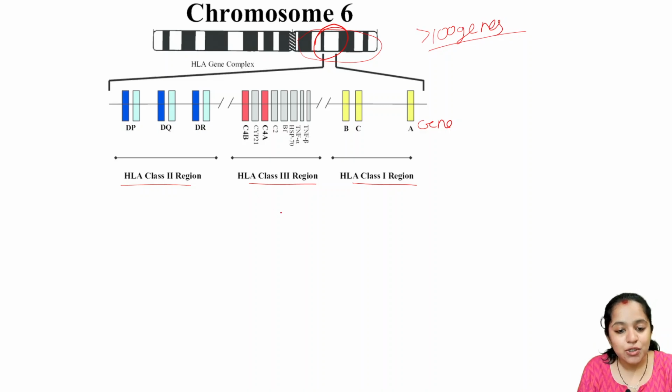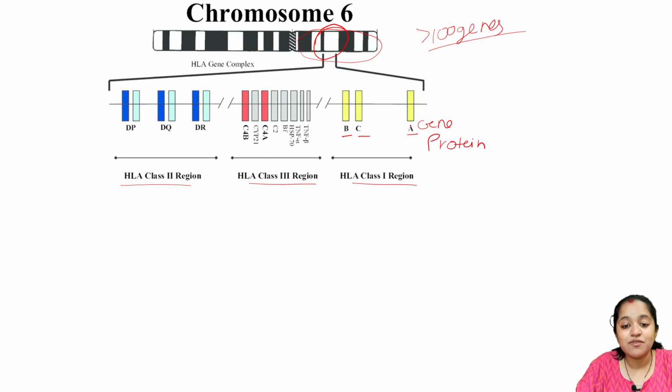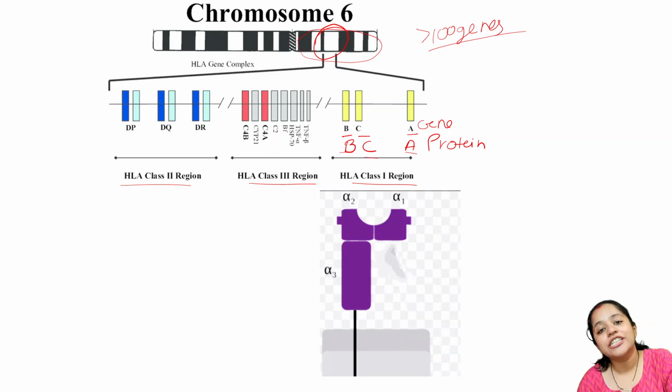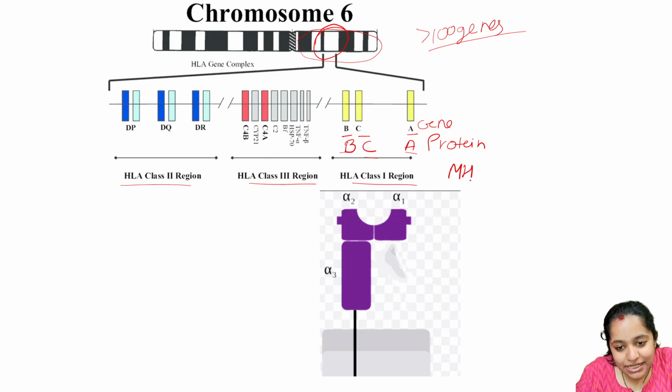So your HLA class 1 region has the genes HLA-A, HLA-B, HLA-C. They will form HLA protein A, HLA protein B and HLA protein C. Now these proteins are going to make the alpha chain of MHC1.